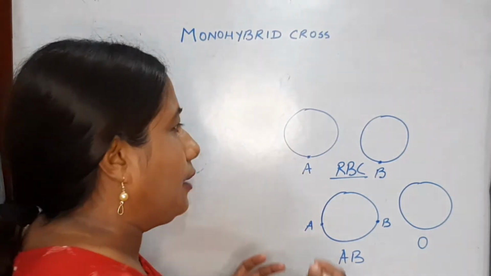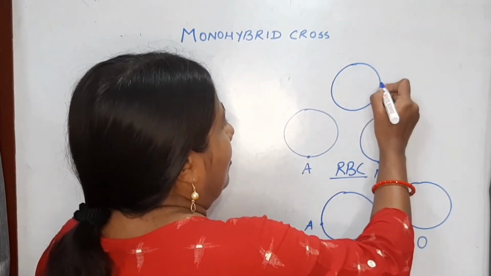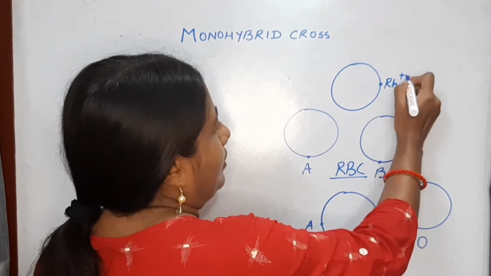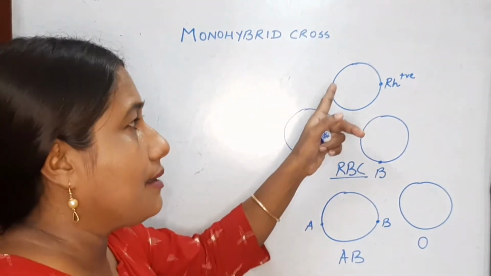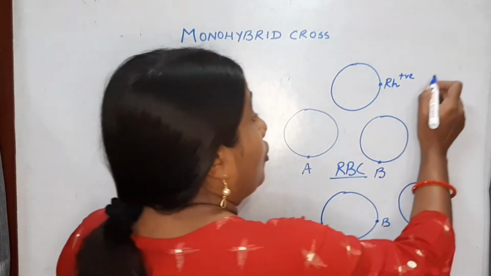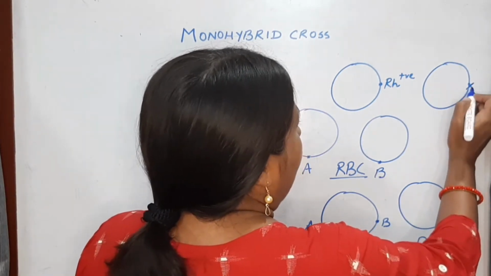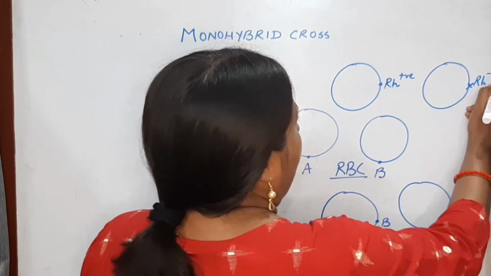Those people who have the Rh antigen on the RBC surface are called Rh positive. This is a positive blood group, for those who have the Rh antigen on the surface of their RBC. But those who do not have this Rh antigen are called Rh negative people.